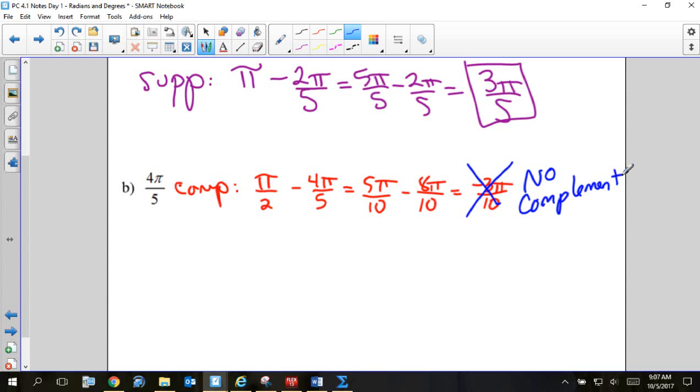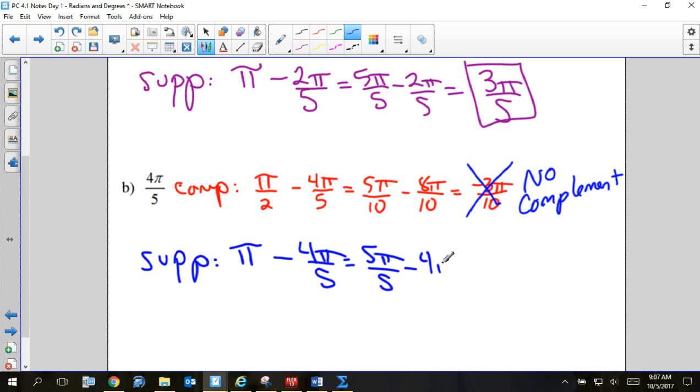You might have been able to tell beforehand, hey, this is more than halfway. It's more than 90 degrees. But if not, if you get a negative answer, there's no complement. And then the supplement, pi minus 4 pi over 5, which is 5 pi over 5 minus 4 pi over 5, is pi over 5.